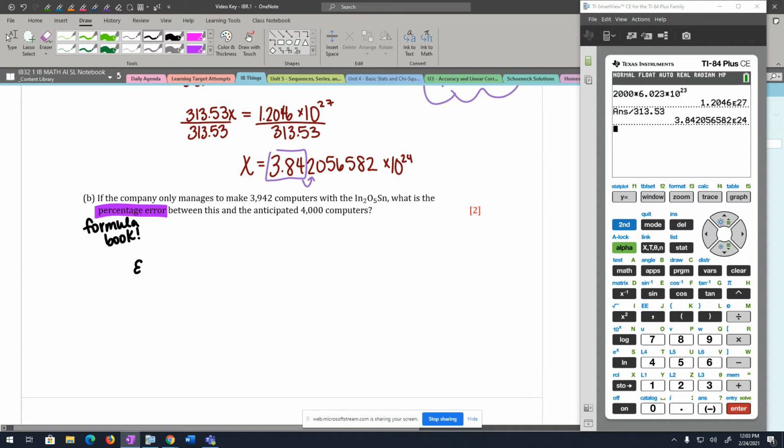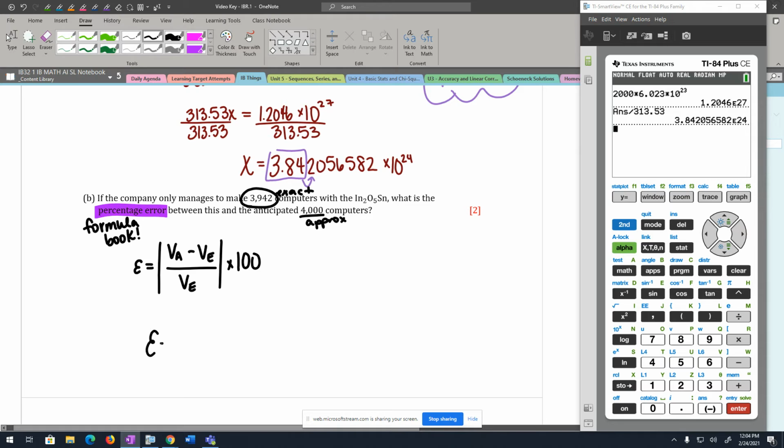But we're going to find that the percent error is equal to the absolute value of the approximate value minus the exact value, divided by the exact value, times 100. So here's the exact, here's the approximate.